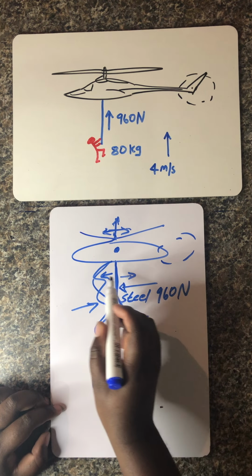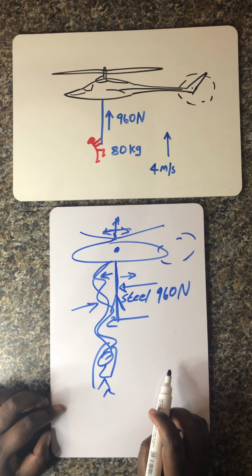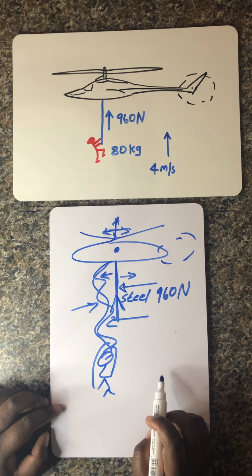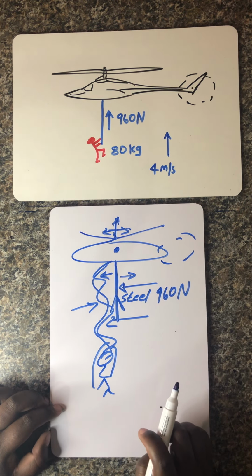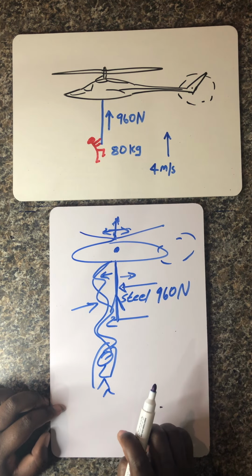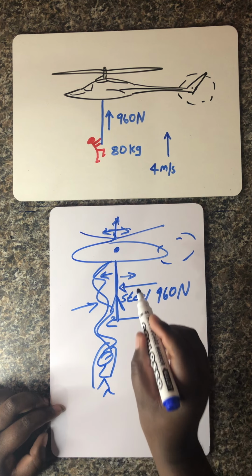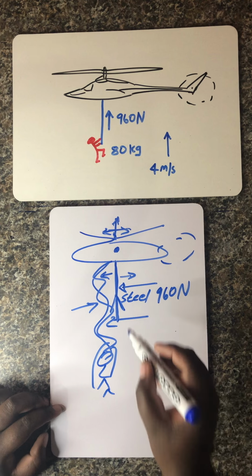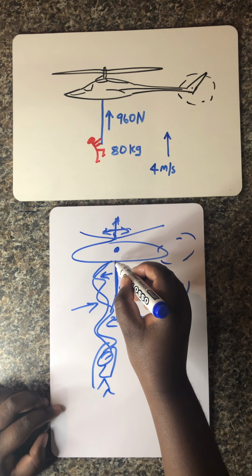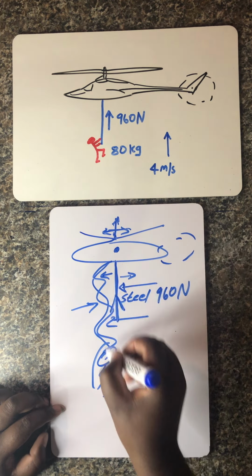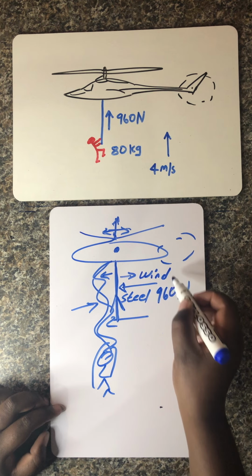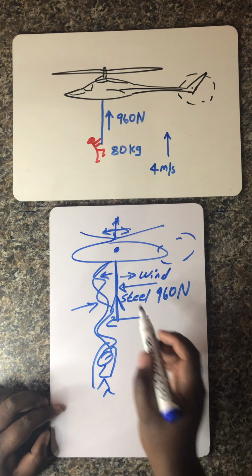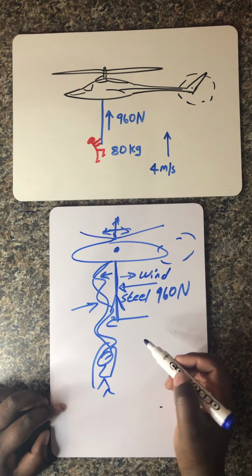If it was moving sideways, then it would have an impact in terms of the forces as a result of its moving sideways. So what could possibly make a cable or a rope move sideways? It's wind, ladies and gentlemen. If there's a strong wind, then it could possibly move sideways.